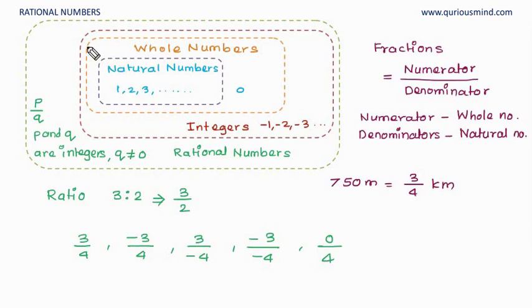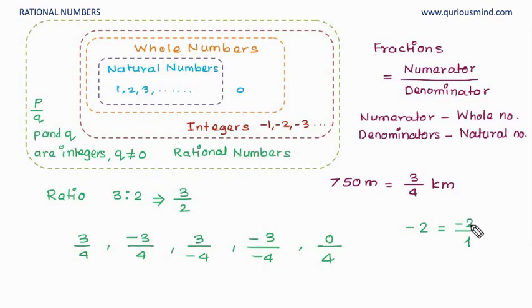So now if we look at this, we know that all the integers, all the natural numbers, all the whole numbers, all are rational numbers. For example, an integer -2 can also be represented as -2 upon 1.